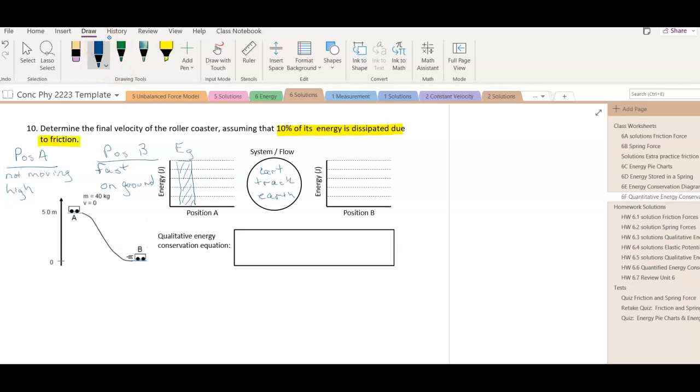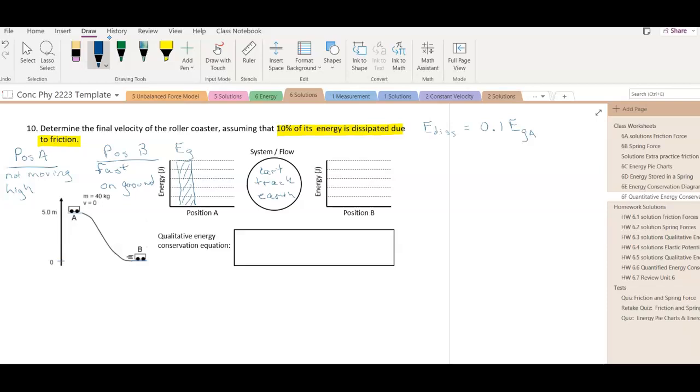Okay, so E-dis, the amount of dissipated energy, is going to be 10% or 0.1 of the gravitational potential energy at position A. Okay, because it's saying 10% of that original energy, which was all stored as gravitational potential energy, gets dissipated.